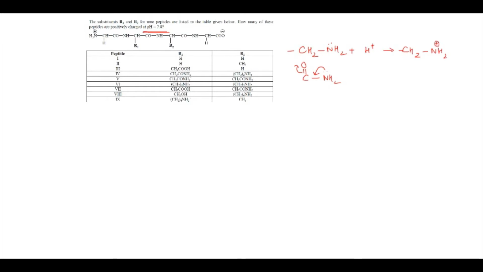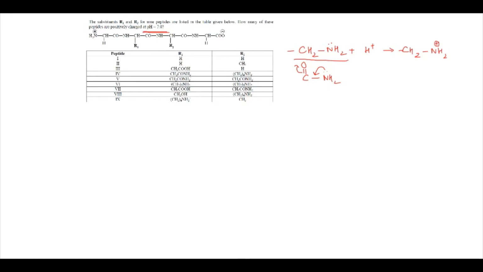So when there is a CH2NH2 group present in the peptide, then that peptide will be positively charged at pH 7. So we have to check the R1 and R2 substituents to see if there is some CH2NH2 available.